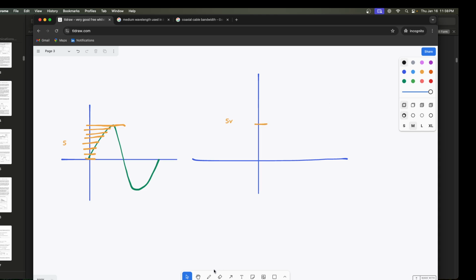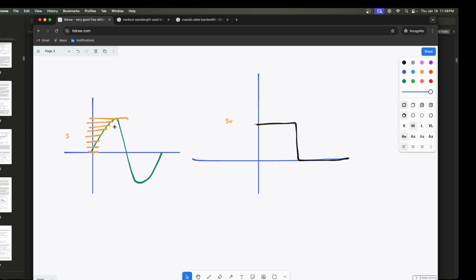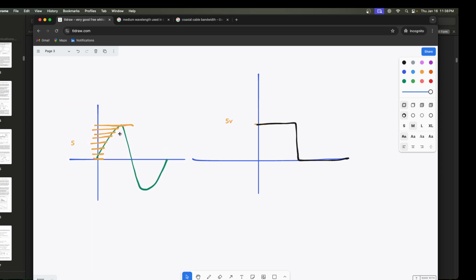So you just go and draw. This is 5 volt, right? Actually that shouldn't be, it should be placed a little bit up. And this, oh yeah, I can move this thing. Right. Let's say this is 5 volt, right?